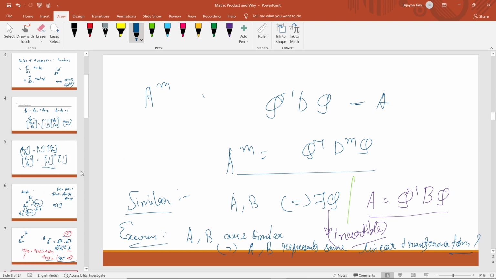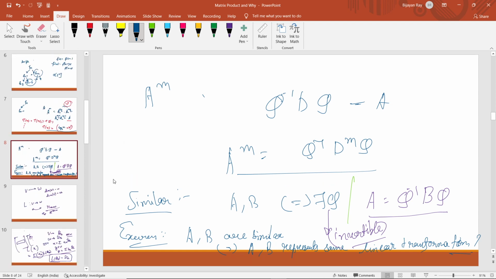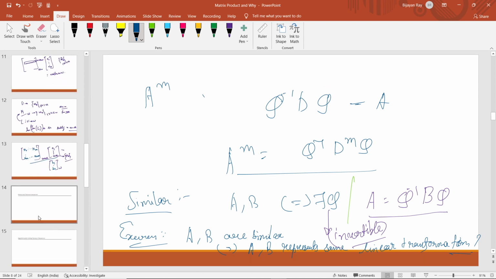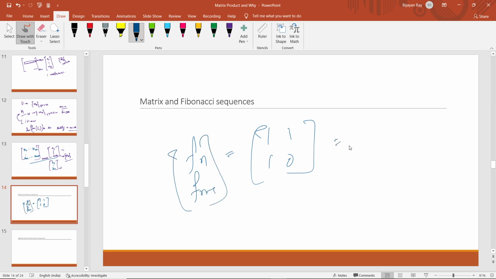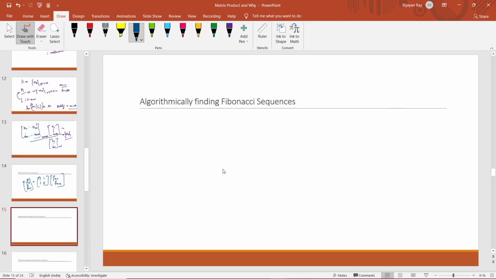So now let's try to find the Fibonacci matrix and Fibonacci sequence I just discussed, that was the 1 1 1 0 matrix for F(n+1) = F(n) + F(n-1). This is the basic way of writing down the linear recurrence of the Fibonacci.